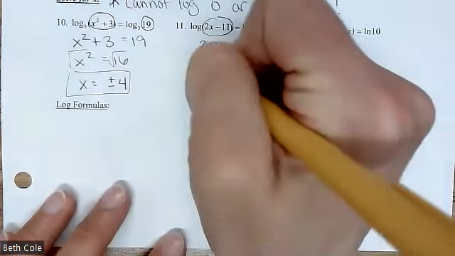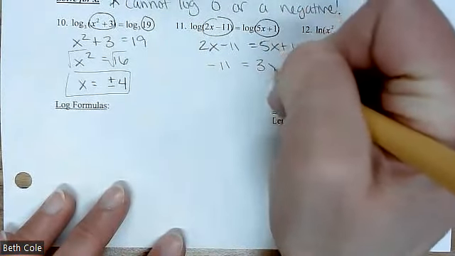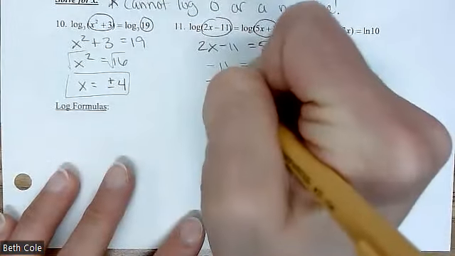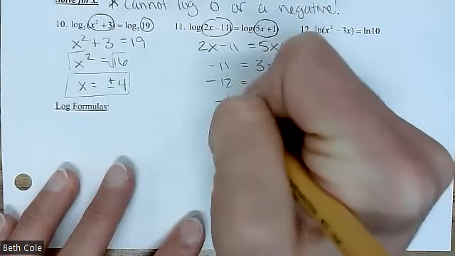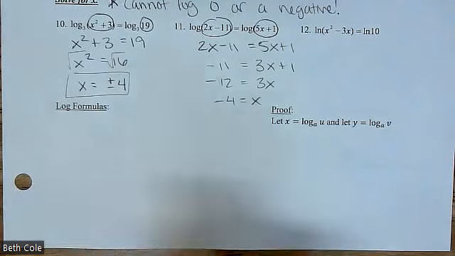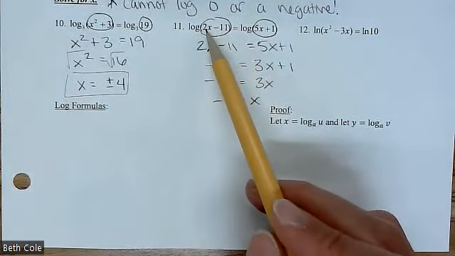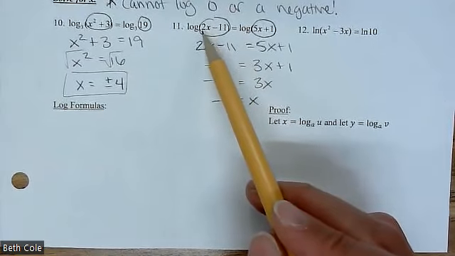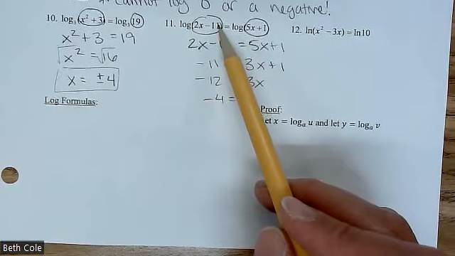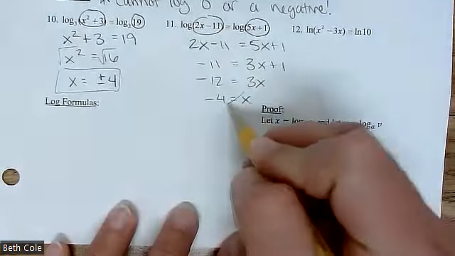Minus 2x, you'll have negative 11 equals 3x plus 1, minus 1, and we get negative 4. Now, it's okay to get a negative answer as long as when you plug it back in, you don't have a negative in the logarithm. So let's test it. 2 times negative 4, negative 8 minus 11 is a negative, and you can't log a negative, so we get rid of it.